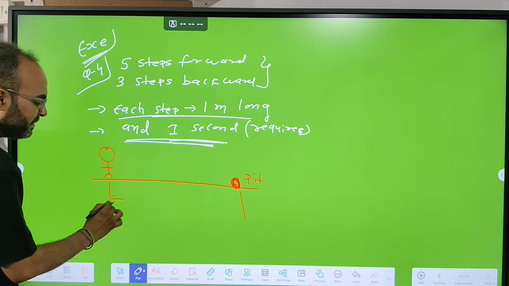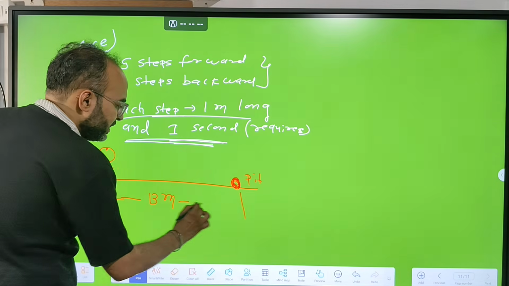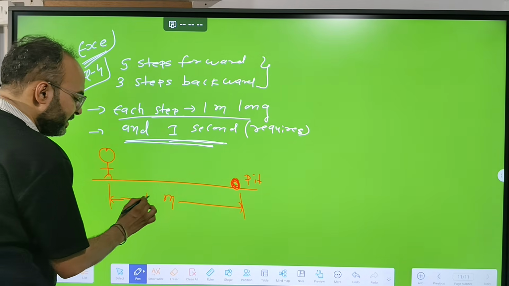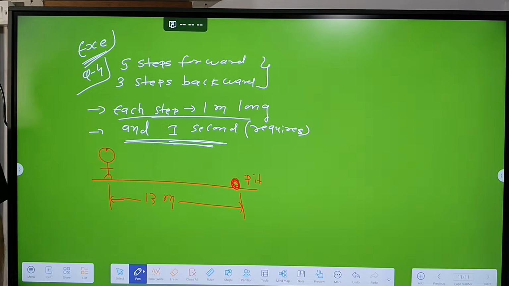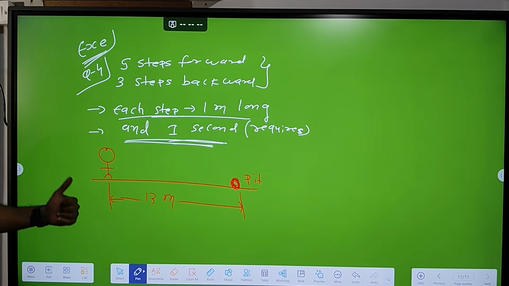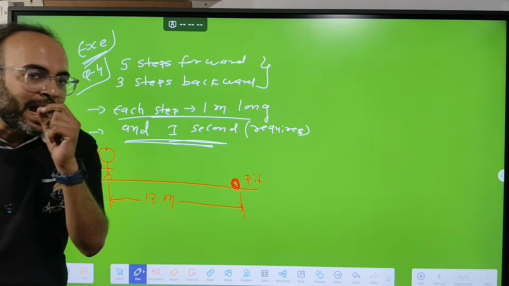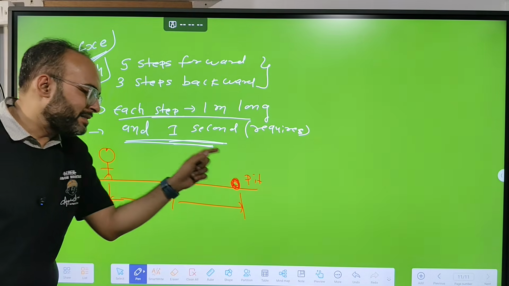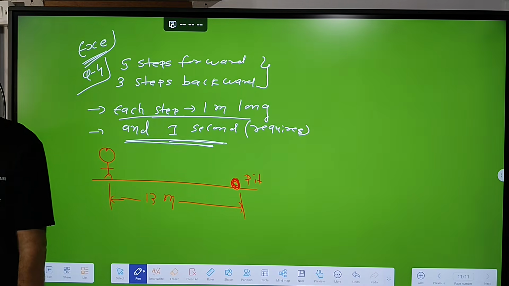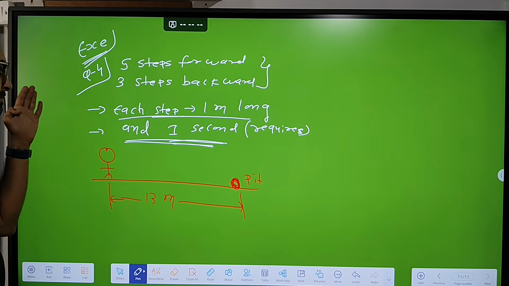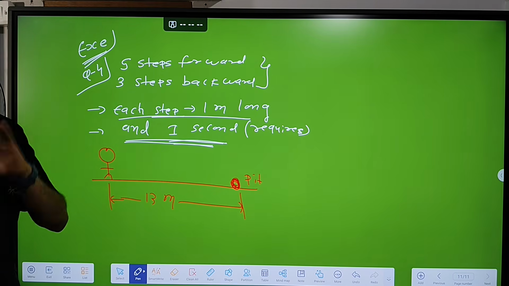What is the distance between them? 13 meters. So we want to find the time taken by the drunkard to reach the pit and fall down.